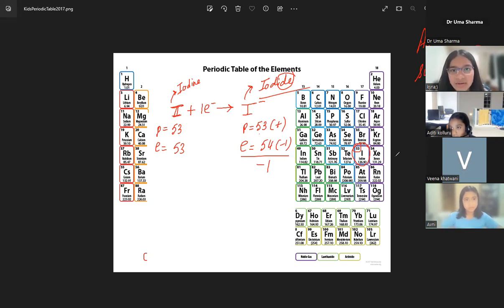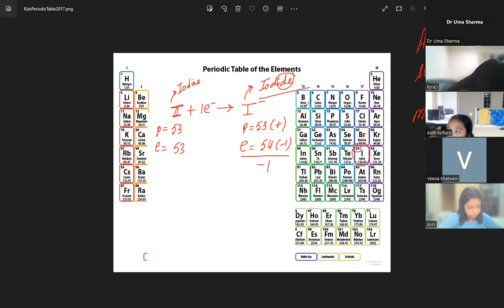But it has to be a single atom. So we call them monoatomic ions. Monoatomic means made up of only one atom. We are going to learn polyatomic also.